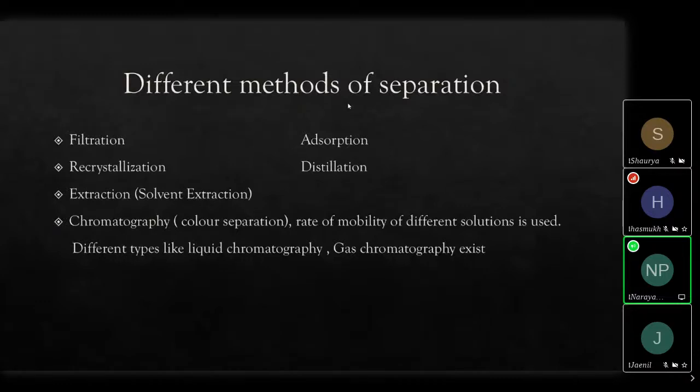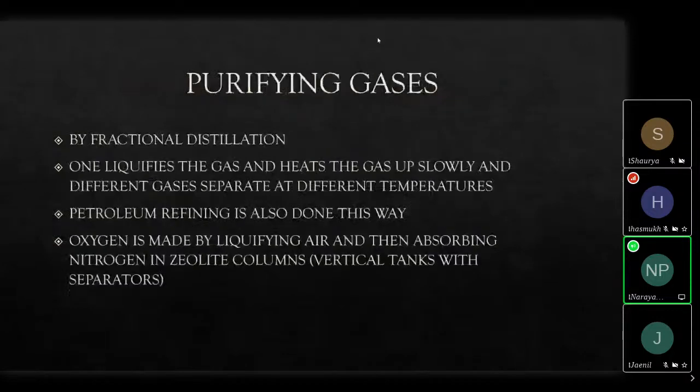So I went away from metals and made it a little bit general in terms of material. Then purifying gases. Gases are purified by fractional distillation. One liquefies the gas and heats it up slowly, and different gases separate at different temperatures.